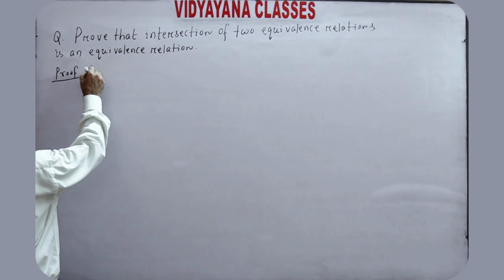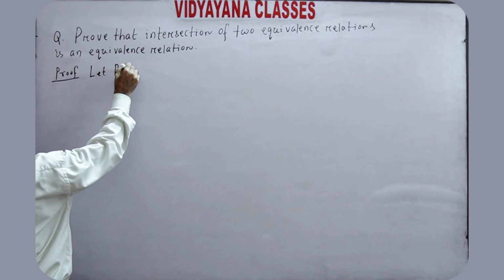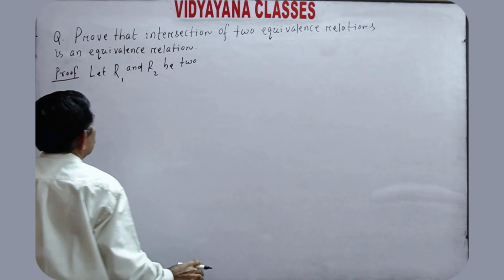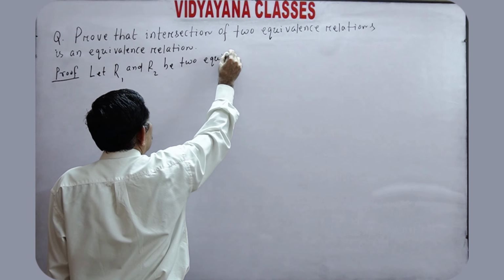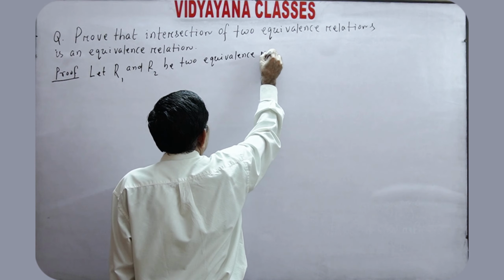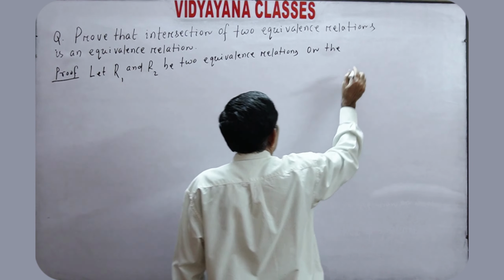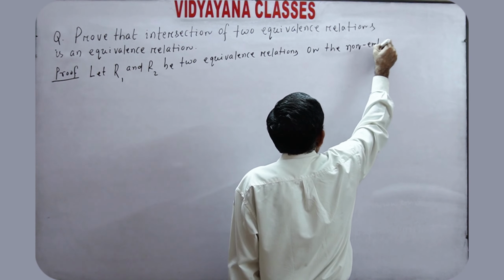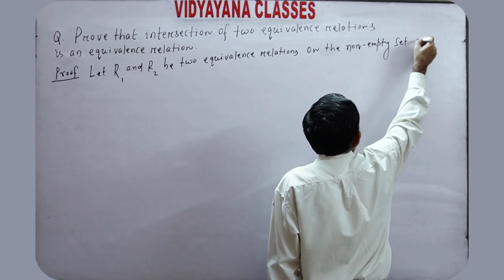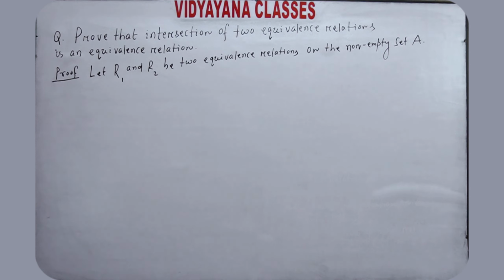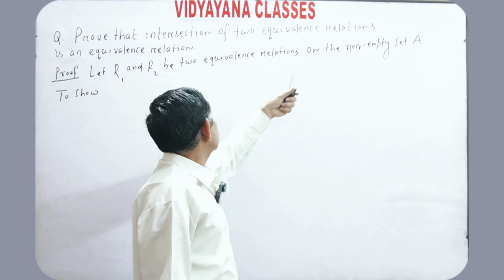Proof: Let R1 and R2 be two equivalence relations on the non-empty set capital A. We have to show the intersection of two equivalence relations is an equivalence relation.